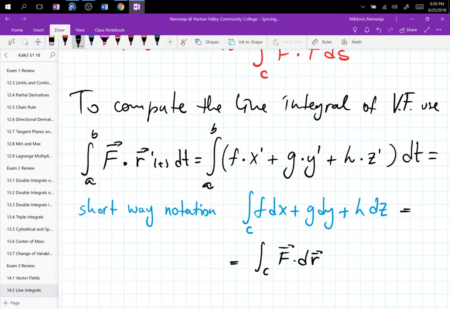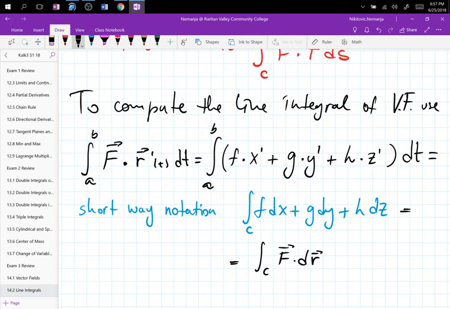From the definition, the vector T is the unit vector, so where is the magnitude on the bottom? That's the one that transforms your ds into dt. There's a transformation that we learned a long time ago in chapter 11.9, or maybe even earlier, somewhere in chapter 11.